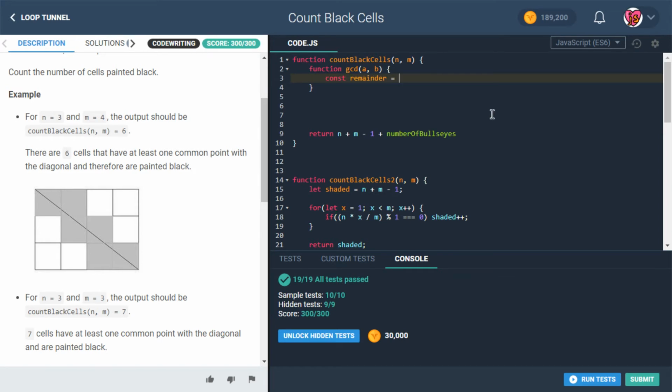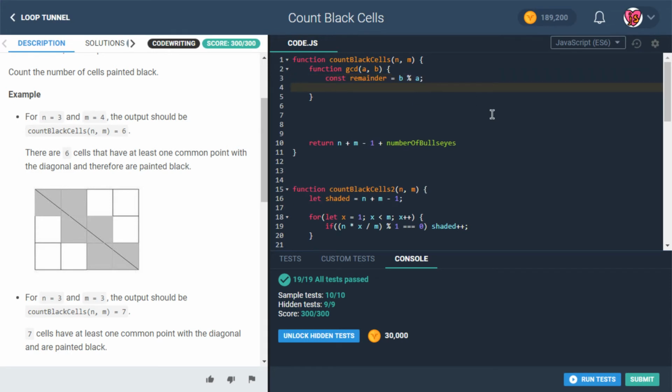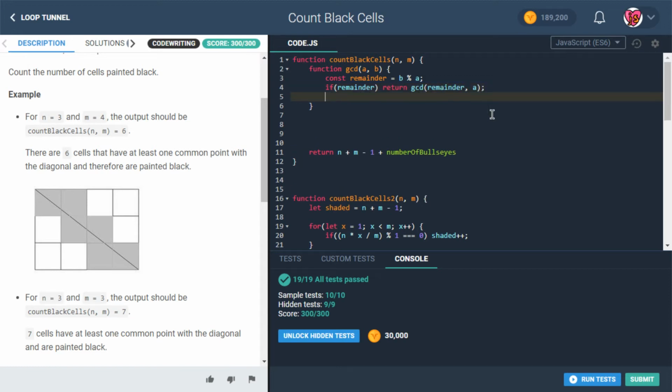So the remainder is going to be B mod A. Okay. And then we'll say if remainder is greater than 0, then we're going to return GCD of remainder and A. Else, we're going to return A.